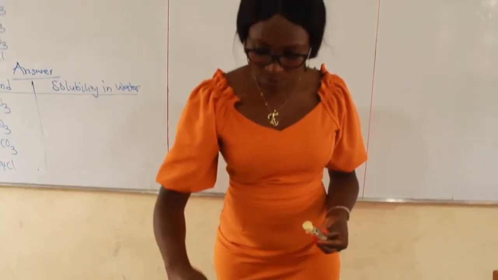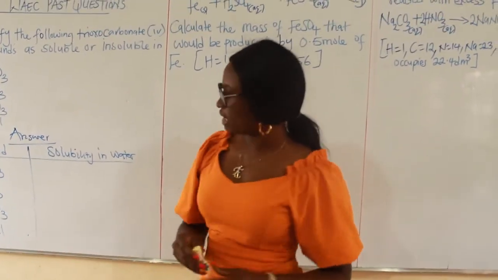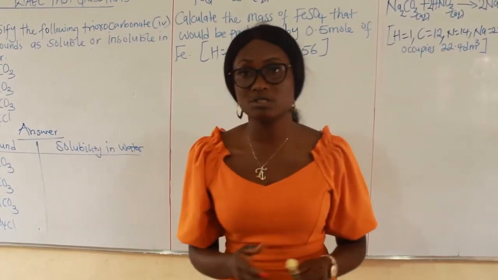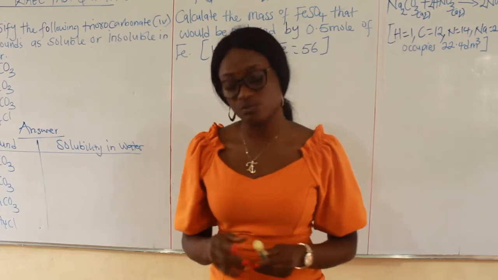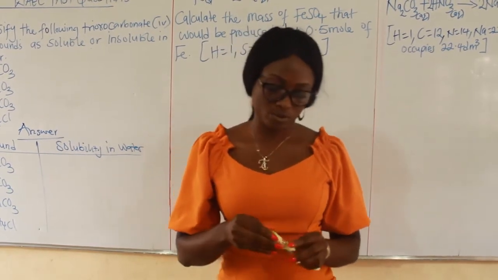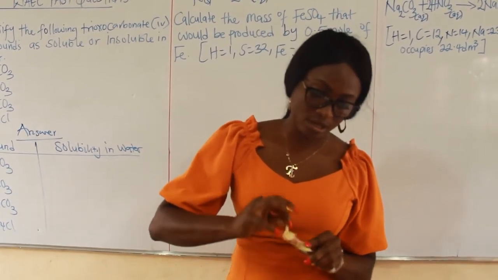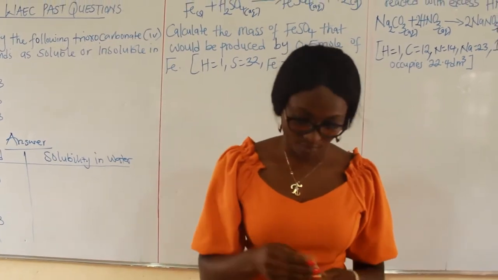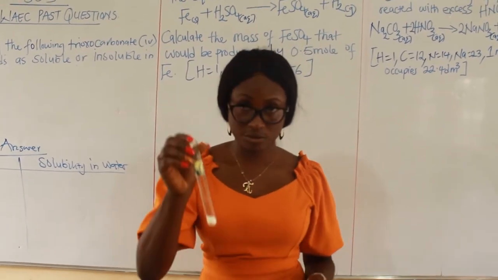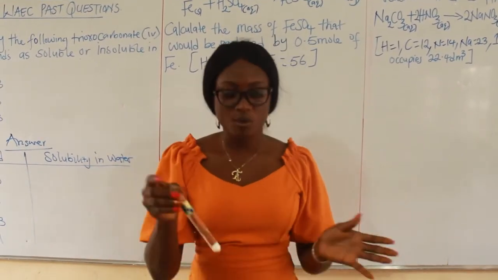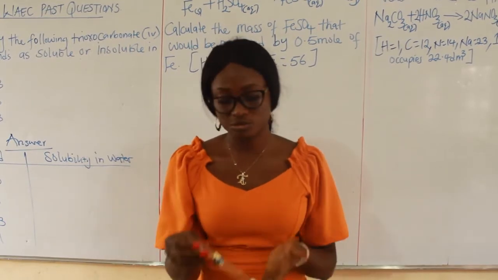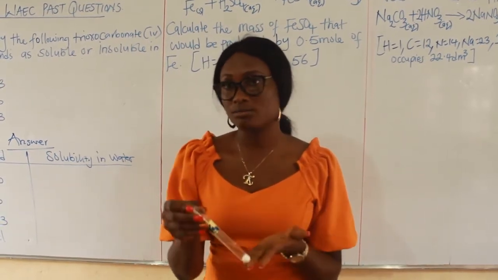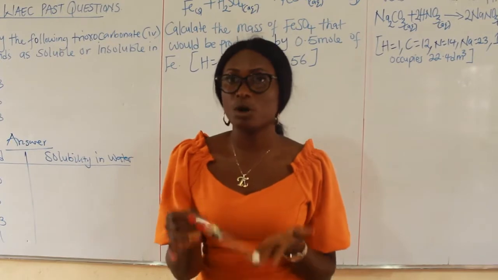Okay, so I'm going to just demonstrate that so you see for yourself which of them is soluble in water or insoluble in water. So I'm going to just open this now. This is sodium carbonate. This is the first compound. What do you do? All you need to do is just add water to this and then observe if it will dissolve in water or not.